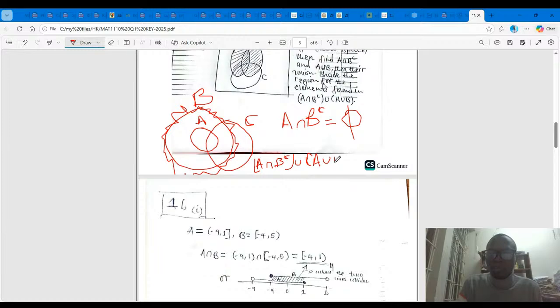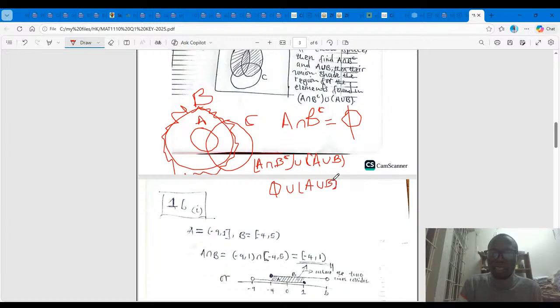A union B. Here we are saying that this is an empty set. So when you combine an empty set with A and B, you get yourself A union B as your answer.